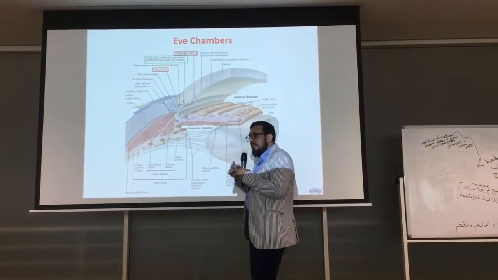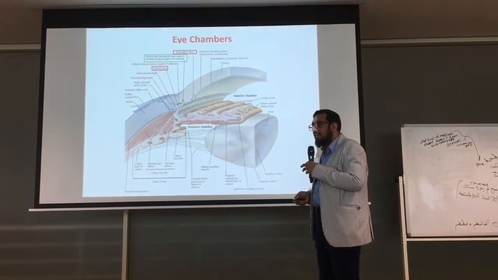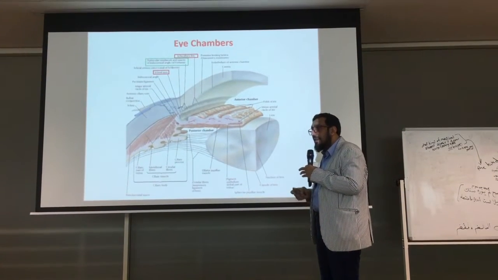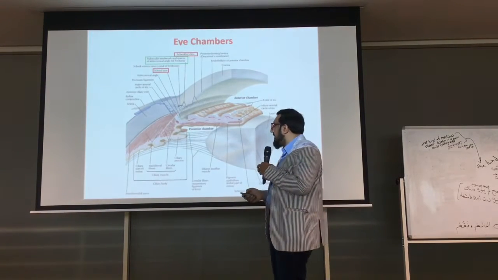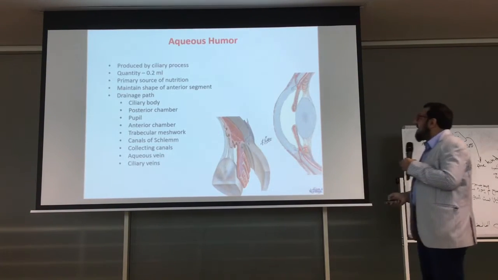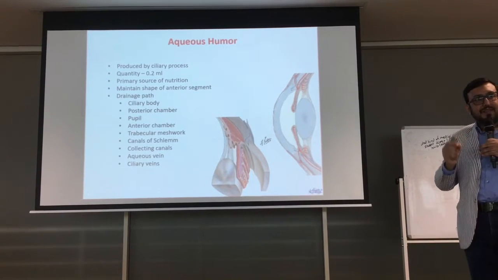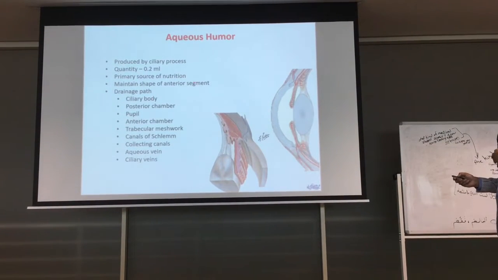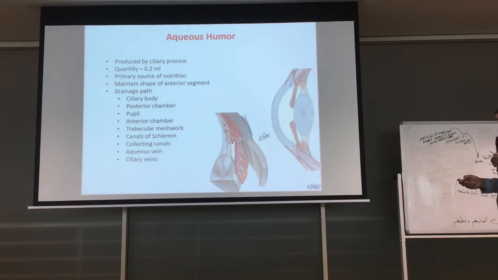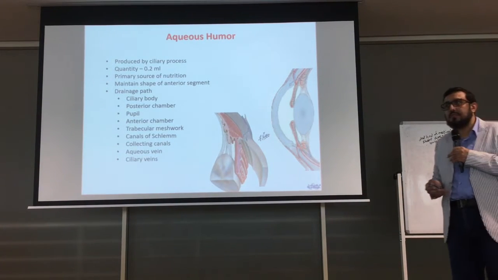So it starts in the epithelium of the ciliary processes. The quantity is just 0.2 ml. It is the primary source of nutrition to all the structures in this region and maintains the shape of the anterior segment, and this represents the path of the drainage which I just explained.